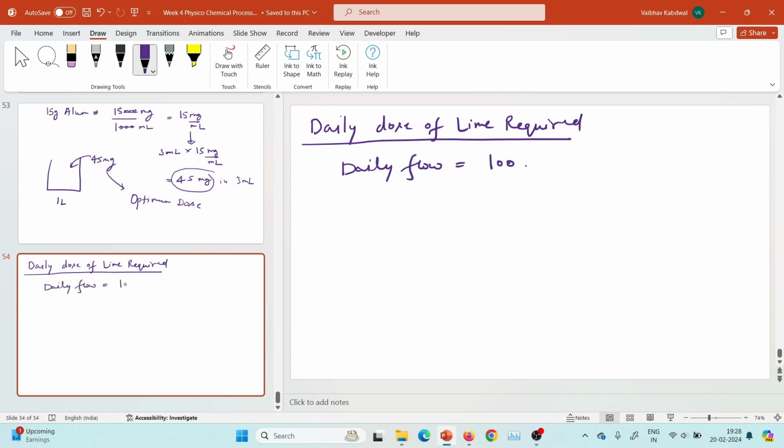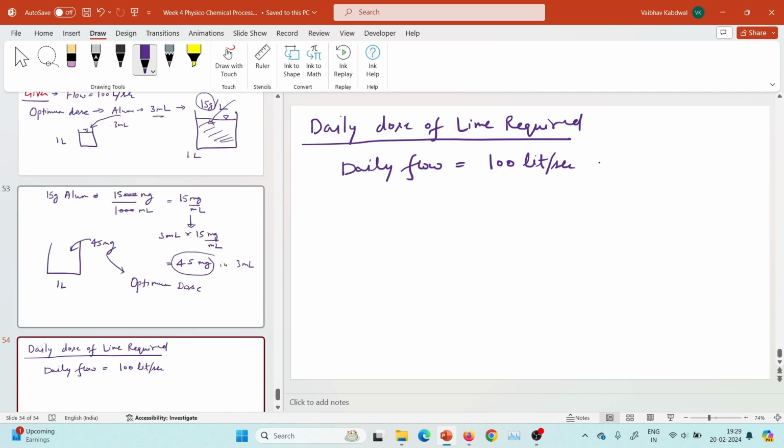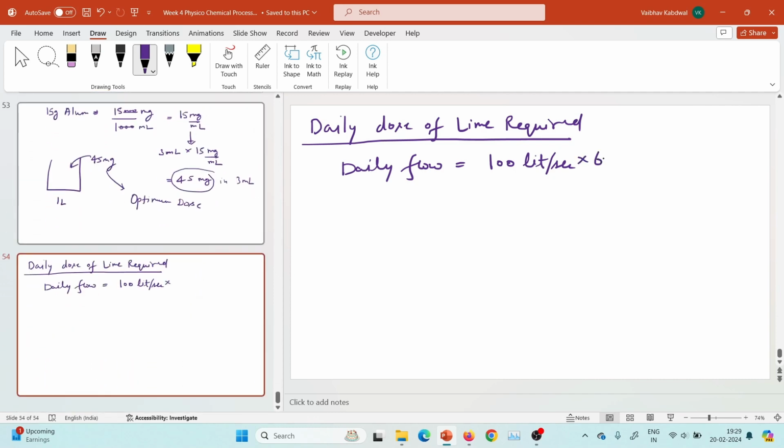Daily flow is how much? 100 liter per second, so per minute, per hour, in a day, that will be 100 into 86400 liters per day.